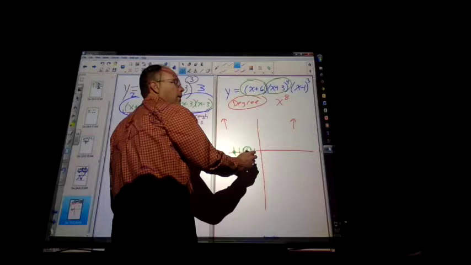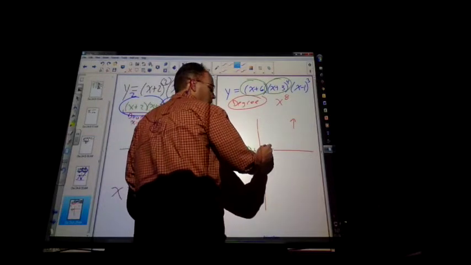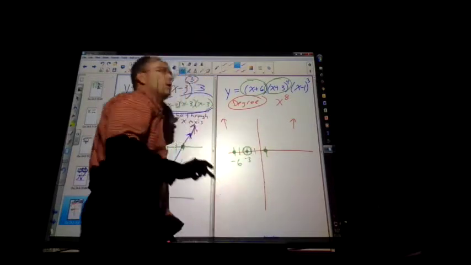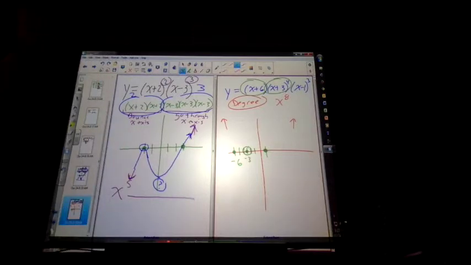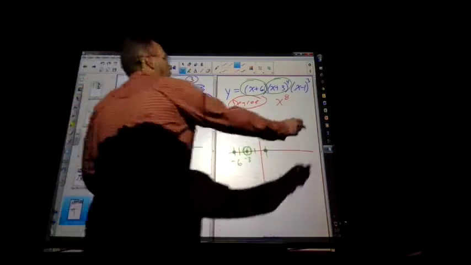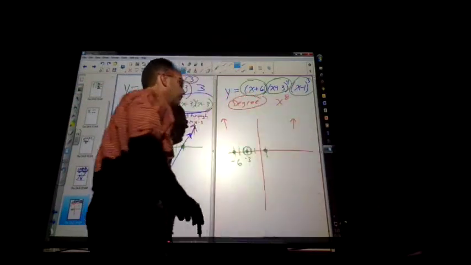Cross where? At +1. Does it cross or bounce? Cross. Why does it cross and not bounce? It's raised to an odd number. It's the first, to the third, to the fifth, to the seventh. Okay? What's the multiplicity of the very last one? Yeah, this has a multiplicity of 3.